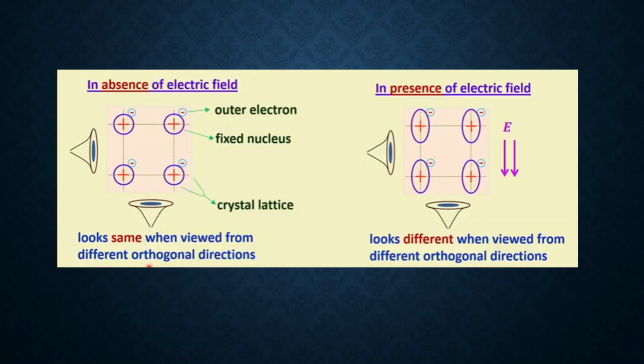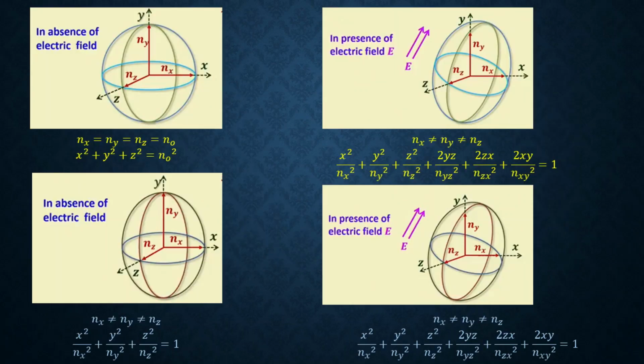This is a simple model of distortions of electron clouds, from which we can understand the basics of the electro-optic effect. Now we'll see the index ellipsoid. We can see that in the absence of the electric field, the index ellipsoid is a sphere.